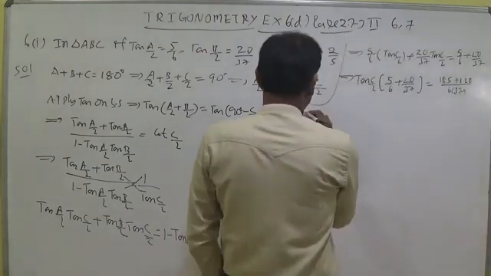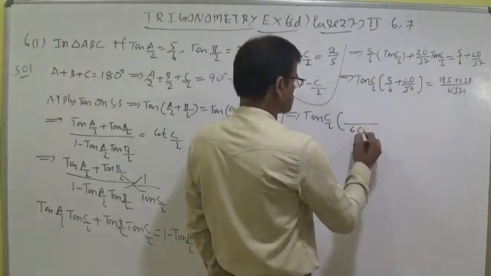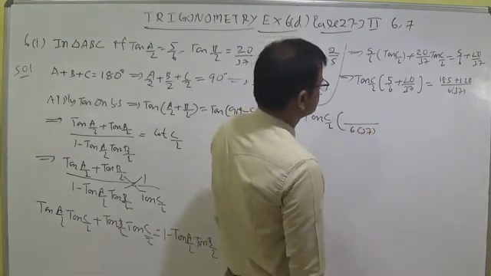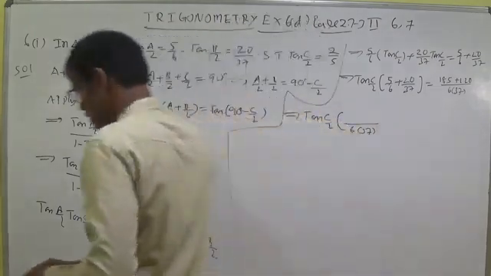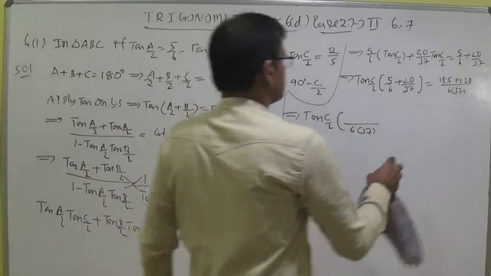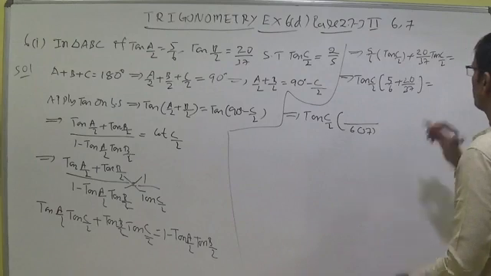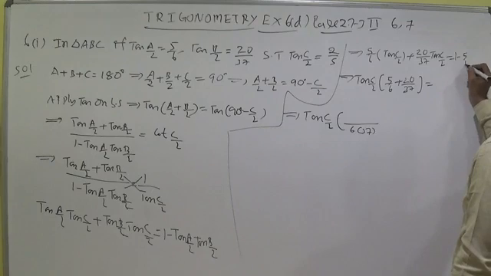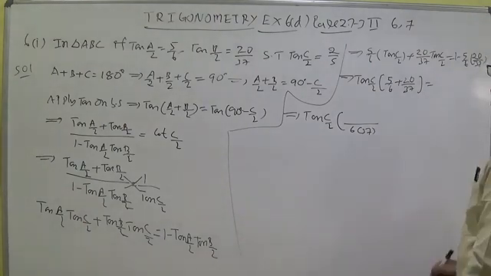That implies tan C by 2 into this, which is also 6 into 37, is equal to, on the right side, it is not LCM, not plus, this is simply into: 1 minus tan A by 2 into tan B by 2, that is 1 minus 5 by 6 into 20 by 37.